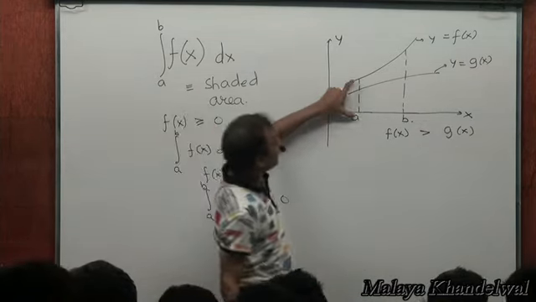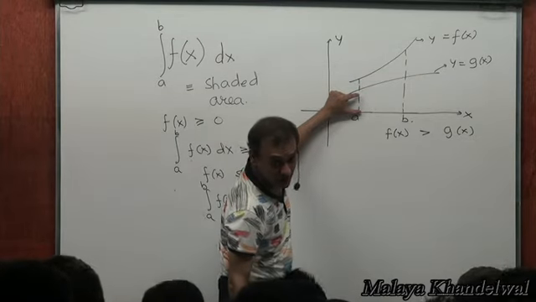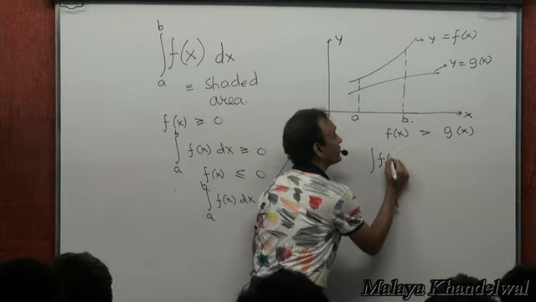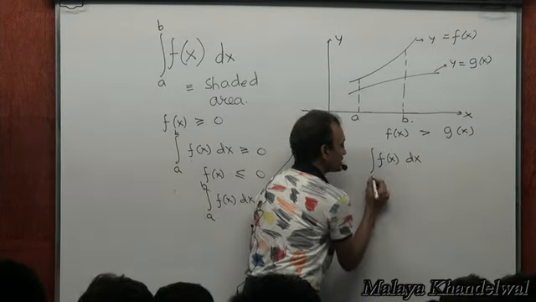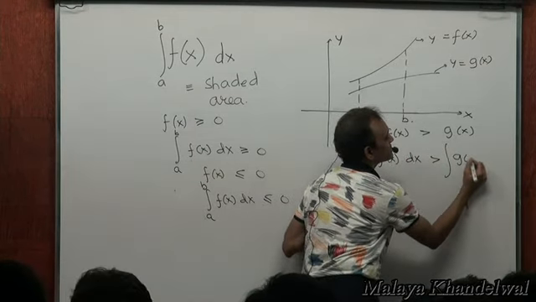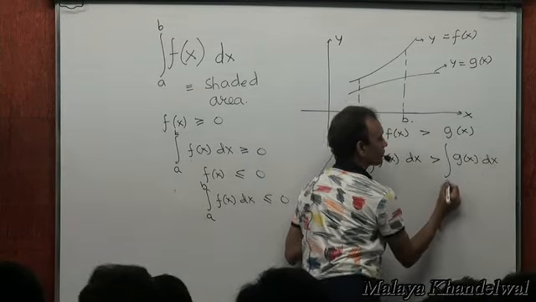That means the area under f(x) will be greater than the area under g(x). So I can say if f(x) is greater than g(x), then we can apply this property: integral f(x) dx from a to b will be greater than integral g(x) dx from a to b.